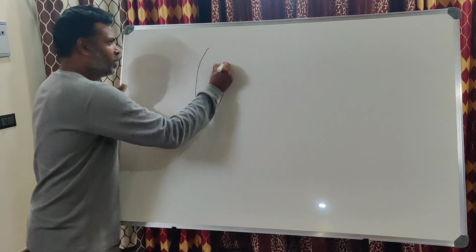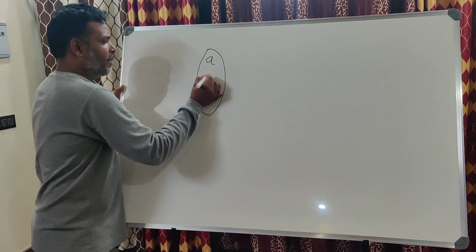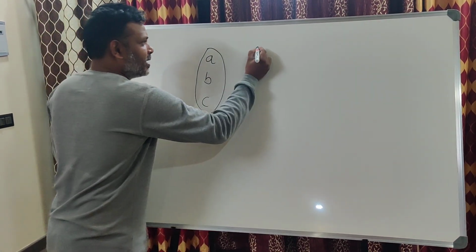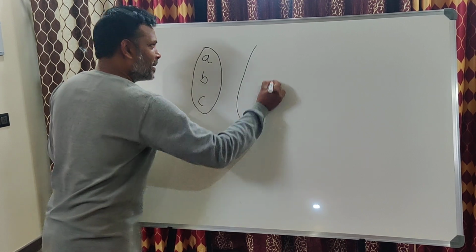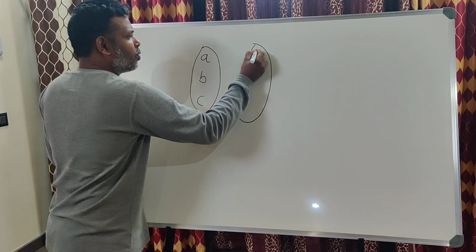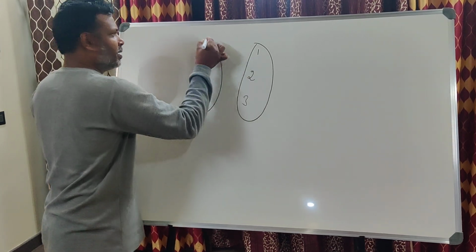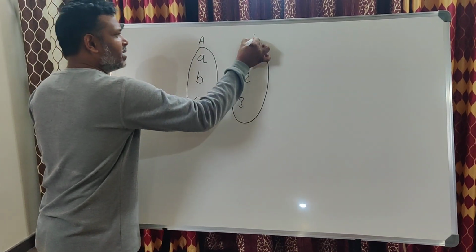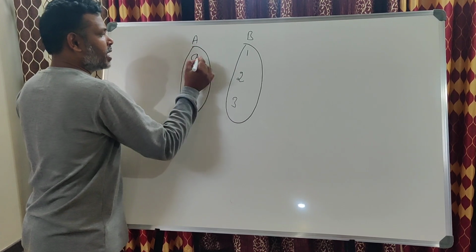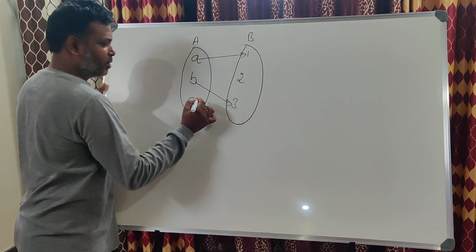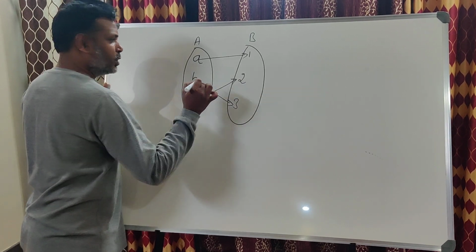Look here. Here I am considering A, B and C, and here I am considering 1, 2 and 3. This is set A and set B. Now the element A is related to 1, B is related to 3 and C is related to 2.